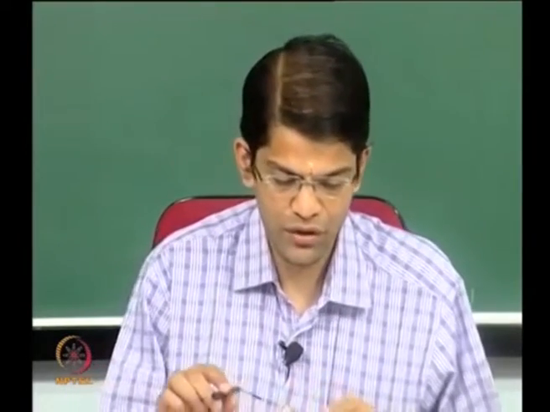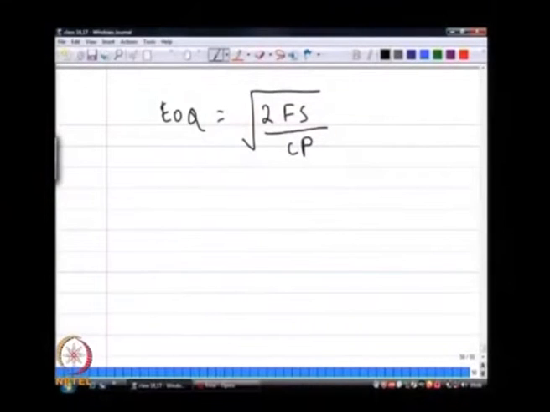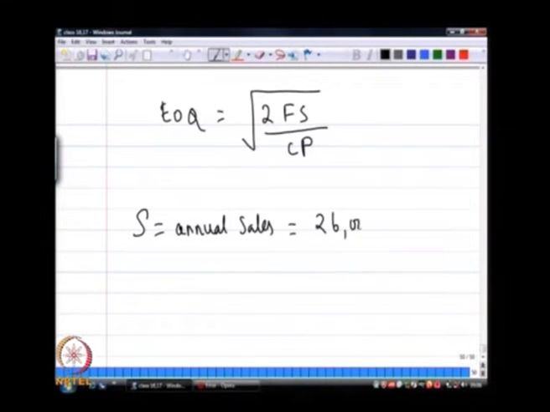That we will understand by taking an example, and I will use a numerical example so that the numbers give you a better understanding. Now, let us say S, which is the annual sales, is around 26,000. Let us say we are talking about a textile unit.